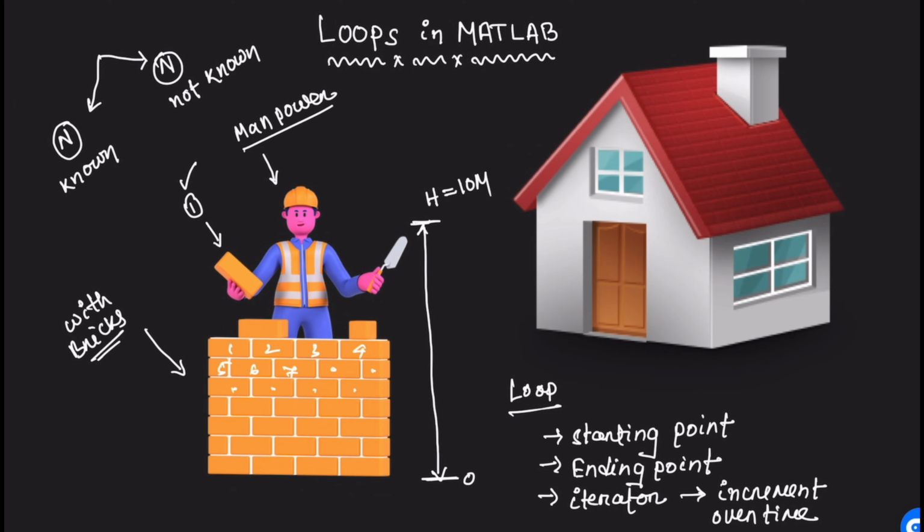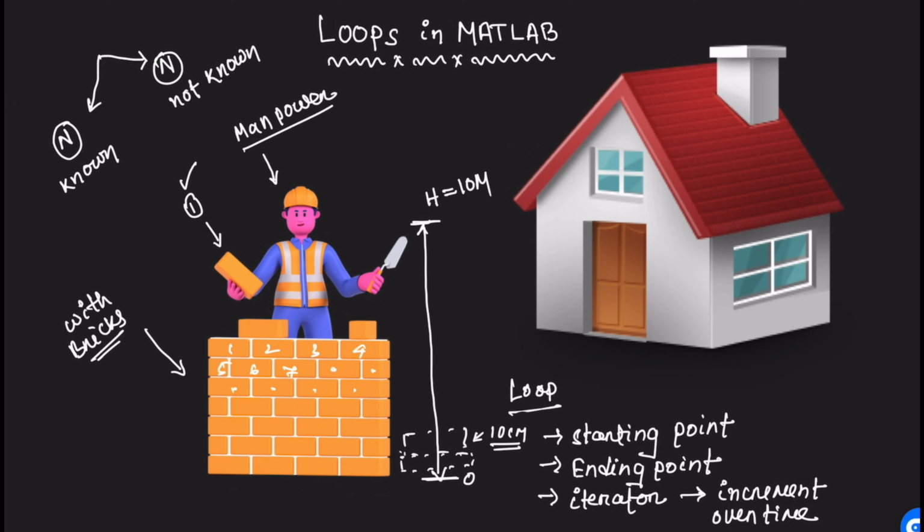Your increment is how much you are increasing your height for every brick layer, right? Maybe with one brick layer you are increasing the height by 10 centimeters. With the help of this, you can predict how many bricks are needed and how many layers you need to put in. This is a realistic example of a looping statement.